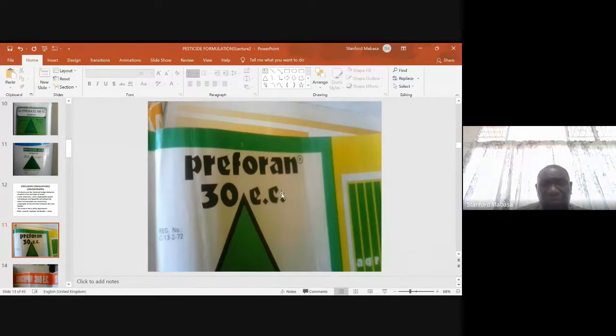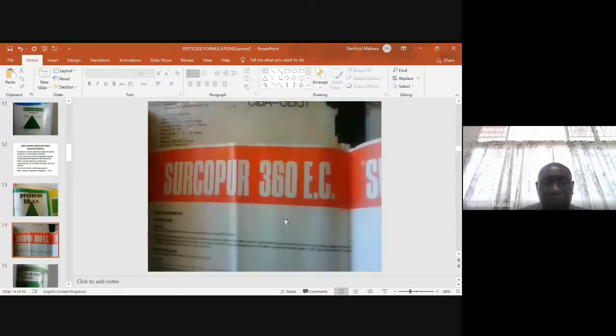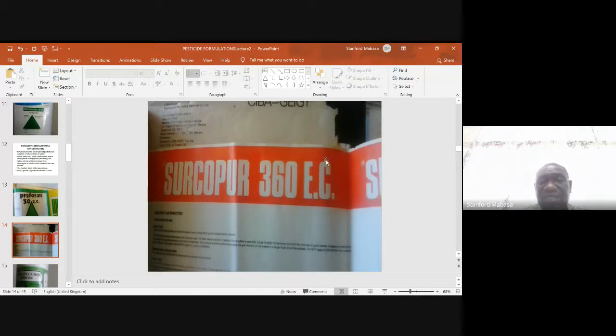Now, on the label, you can see it is written EC, meaning emulsifiable concentrate. If you mix the liquid from this container with water, expect a whitish stuff which looks like milk. Another pesticide with EC, meaning emulsifiable concentrate.